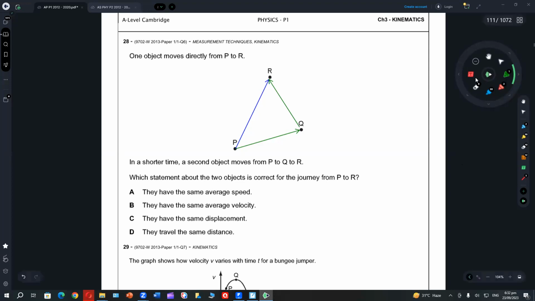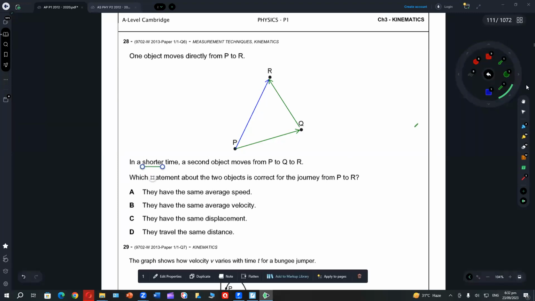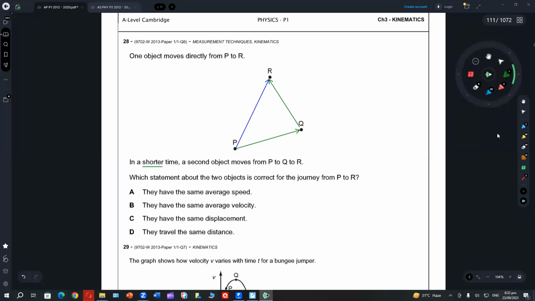The other object is traveling in a shorter time. It means we can expect that they are reaching together. You say the shorter time, it means the other person is moving at a faster speed. So we can think on that.